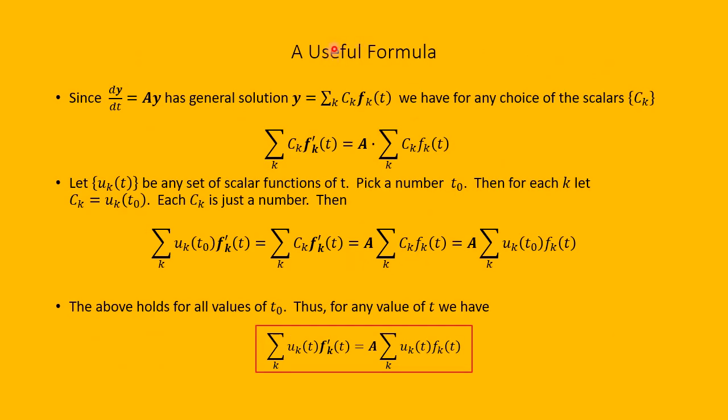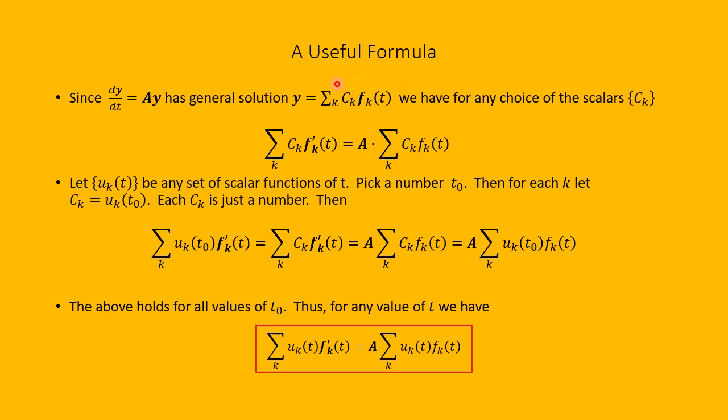So in variation of parameters, let's look at what we can do in step 2. Suppose that this system of homogeneous differential equations has the general solution, the sum of the c sub k, f sub k of t's, where the c sub k's in this case are arbitrary constants.